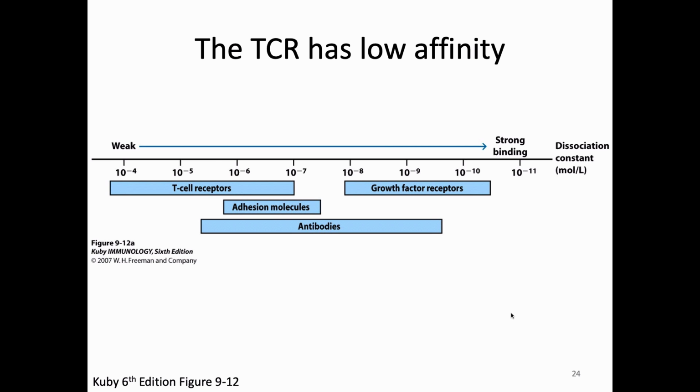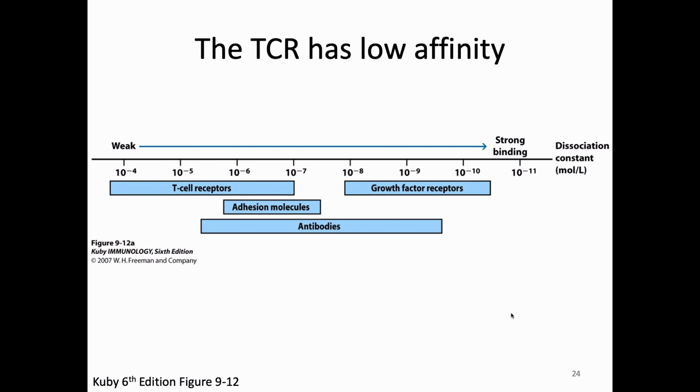One other slightly tricky piece of news is that if you actually look at the T-cell receptor and its affinity for MHC plus peptide, its ligand, the T-cell receptor has terrible affinity. Its binding to MHC plus peptide is pretty weak, much weaker than many other types of biological binding.